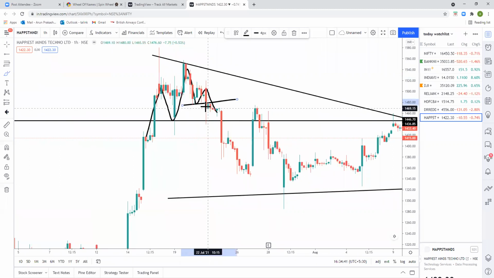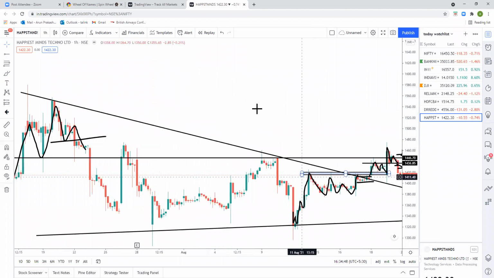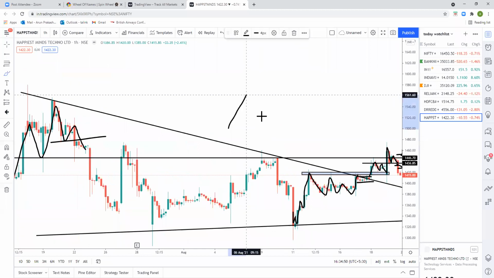This is how we will capture most of that move, because people enter here, and just when it is reversing for a pullback, they panic and exit. To avoid that mistake, we will use Dow theory.